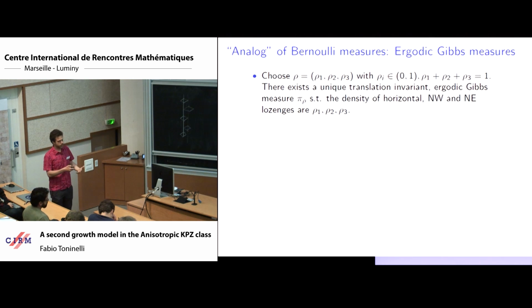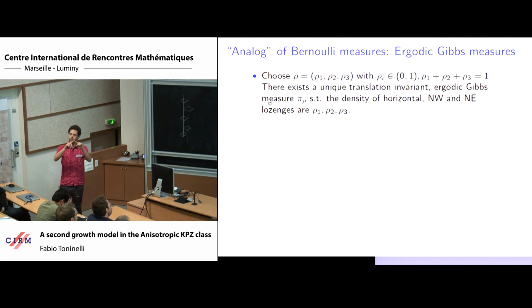Given these numbers, there is a unique translation invariant ergodic measure on the lozenge tilings of the whole plane, such that the three types of lozenges have these three densities, and such that they are Gibbs measures, in the sense that whenever you condition on the tiling outside a finite domain, inside it is uniform.